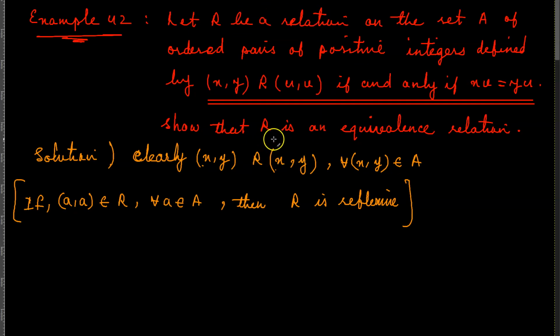So based on this relation, clearly x comma y is related to x comma y. Every x comma y is related to itself, for every x comma y belonging to A, because x times y is equal to x times y.